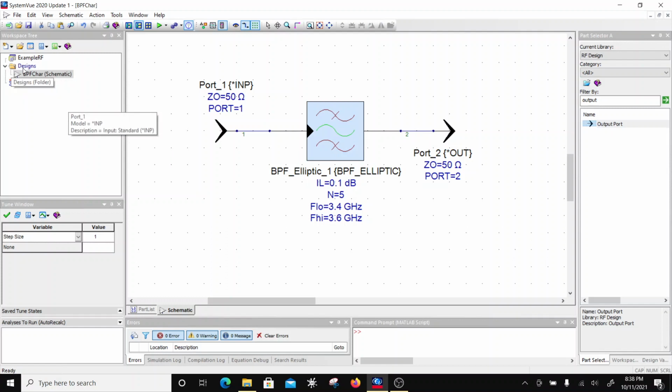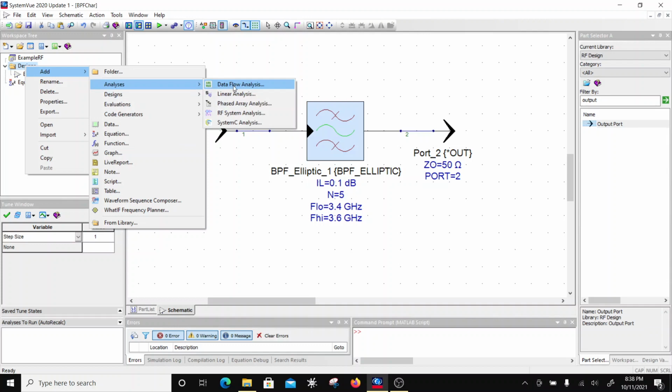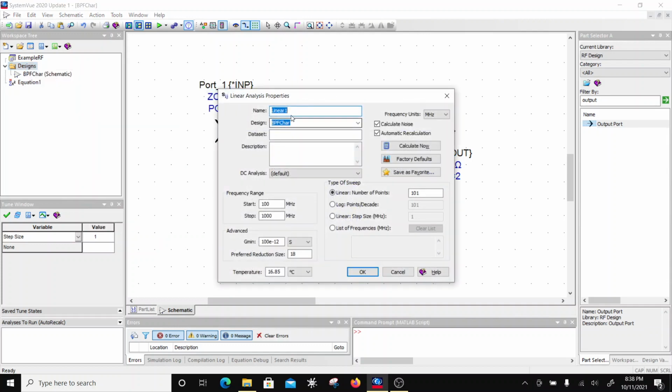Now, when you start a workspace, it comes with the data flow analysis here, which I have just deleted. I'm going to add my own analysis here, and that's a linear analysis. I'll call this sim BPF, and it's pointing to that BPF characteristics schematic.